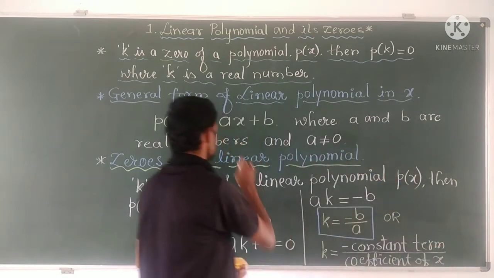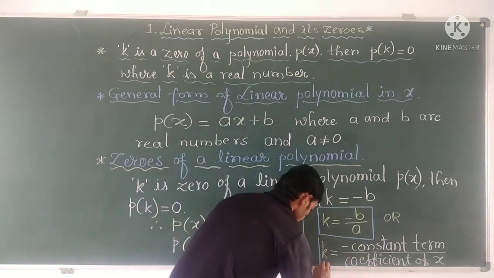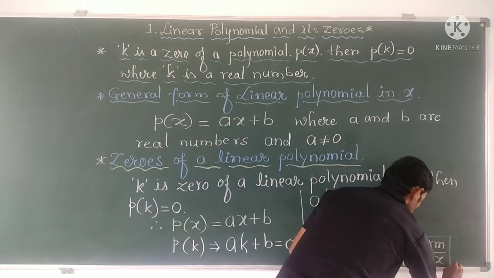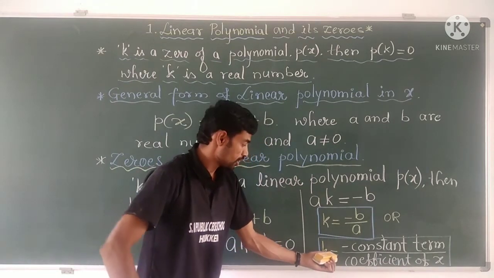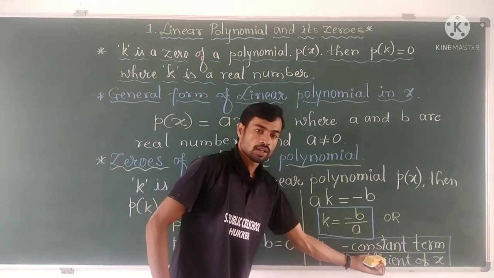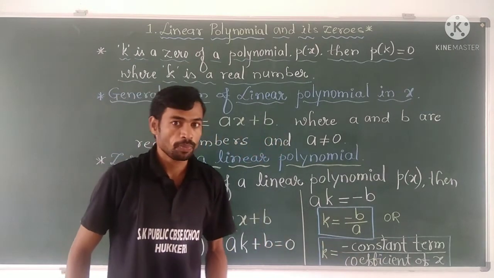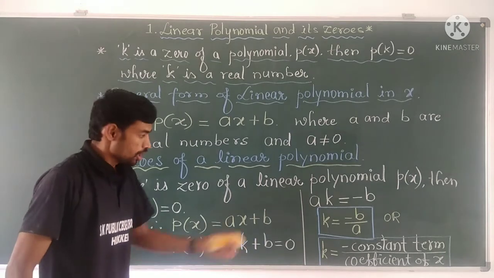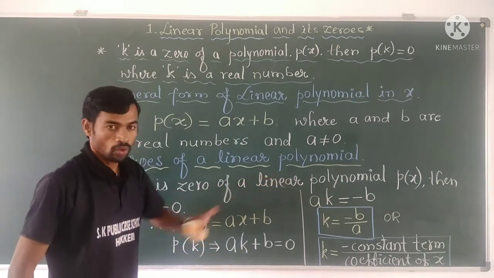You can write this for reference. This is the relationship between the coefficients and the zero of the given linear polynomial. Clear? Understood?